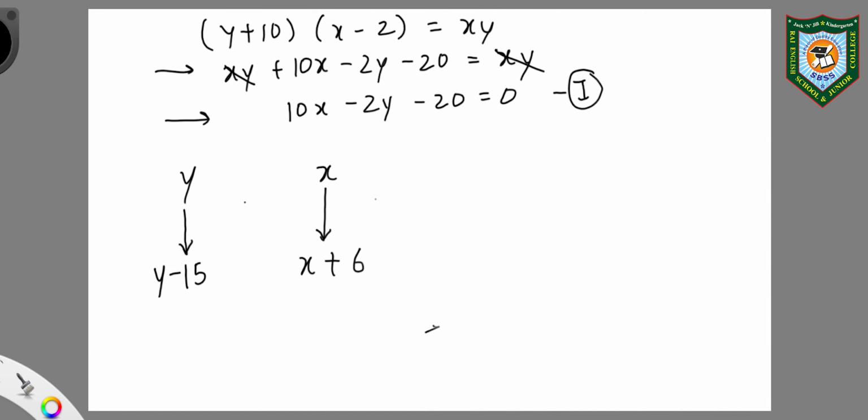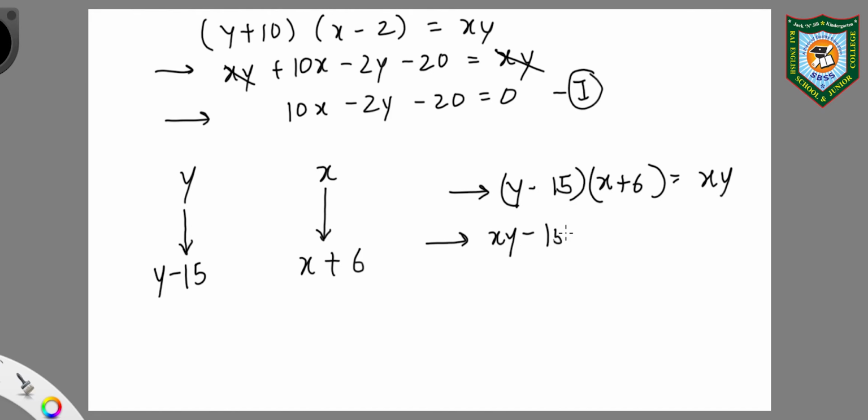So now, again my total amount has not changed, so this implies y minus 15 into x plus 6 is equal to xy. Again, once I open the bracket, I'll get xy minus 15x plus 6y minus 90 is equal to xy.